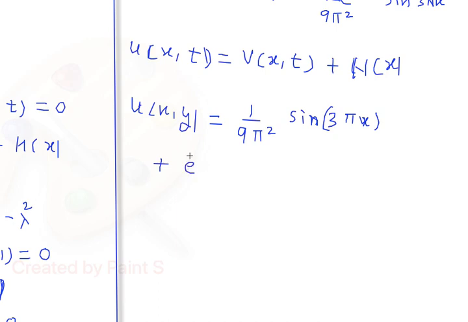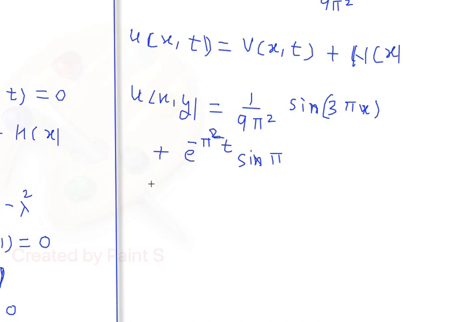The first term is negative exponential power pi squared t times sine pi x, plus one more term, which is negative 1 over 9 pi squared exponential power 9 pi squared t times sine 3 pi x.